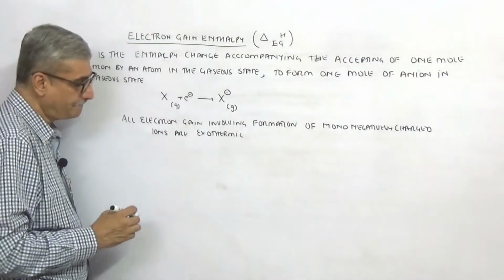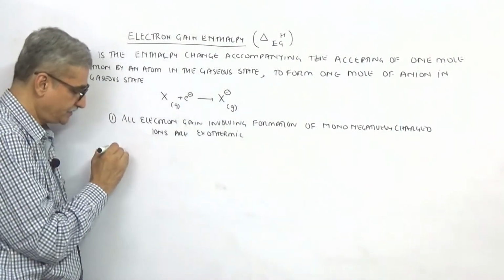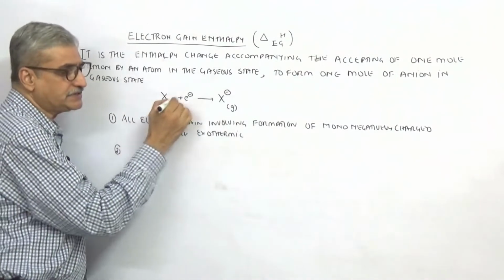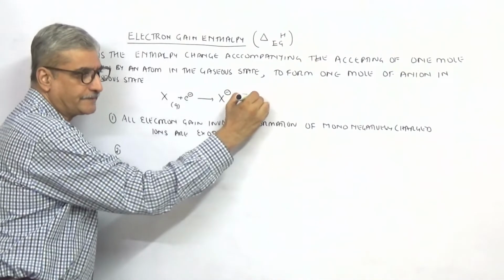Is this clear? This is the first point. So X to X minus, this will be exothermic.